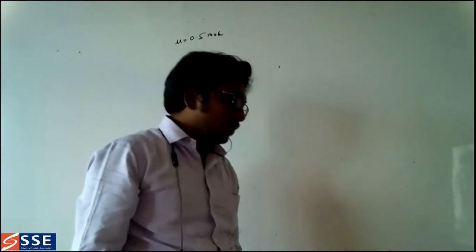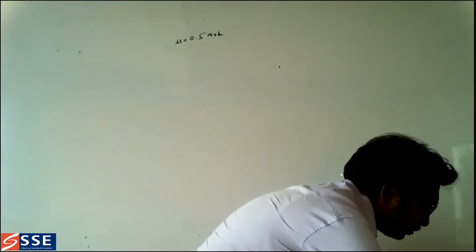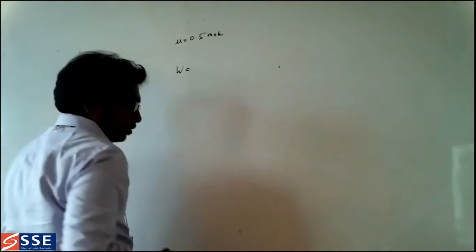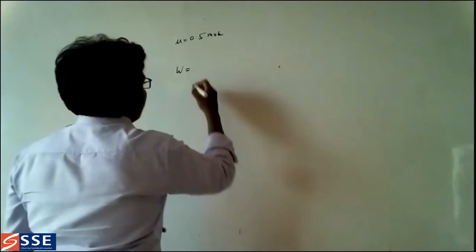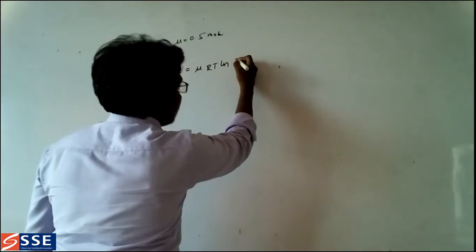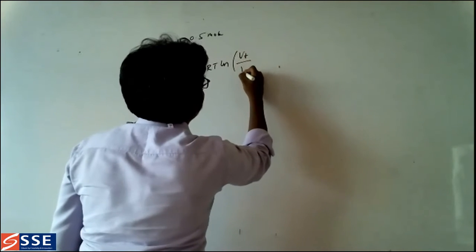In isothermal we saw W is equal to mu RT ln Vf by Vi.